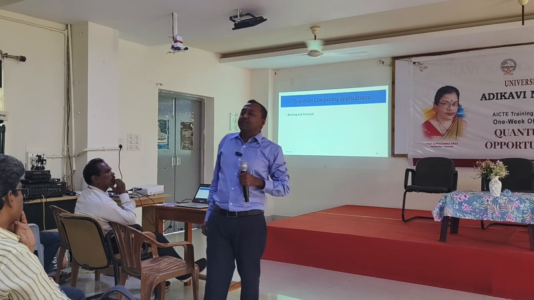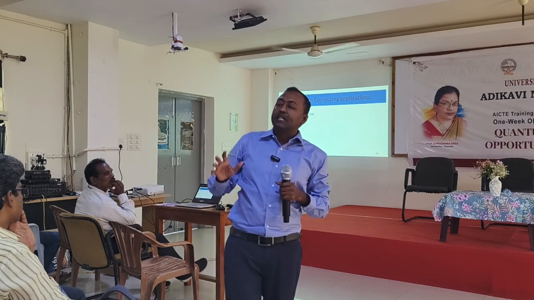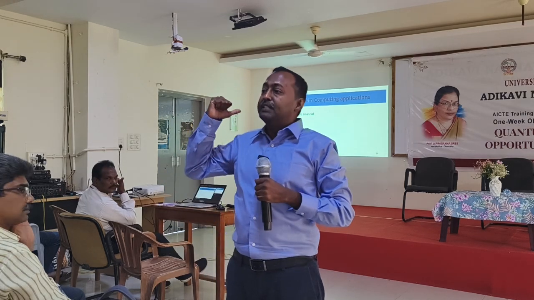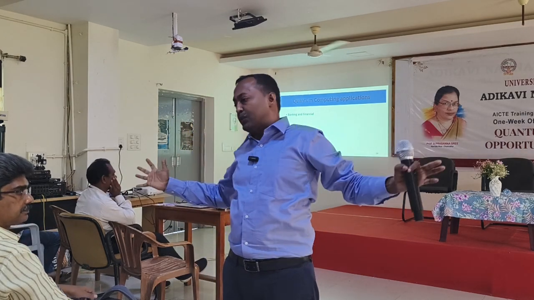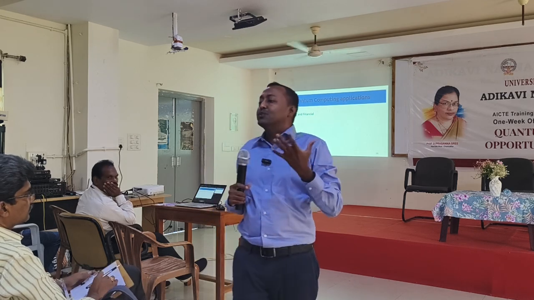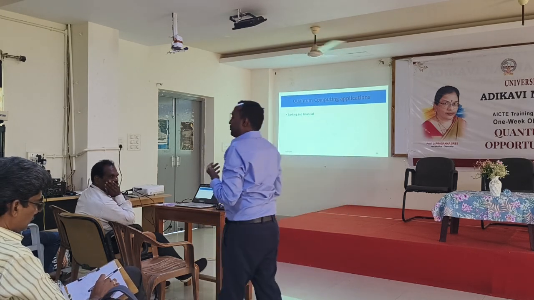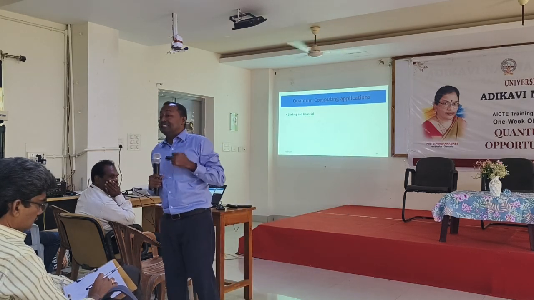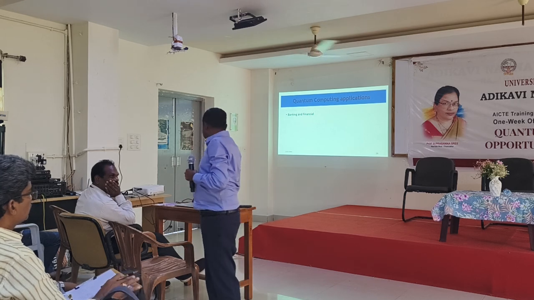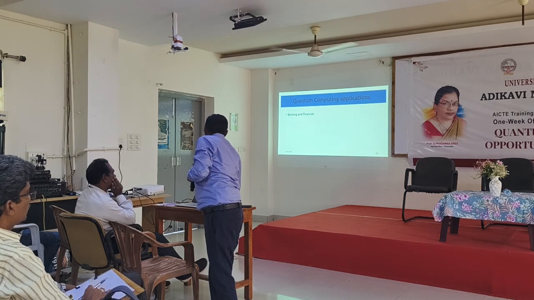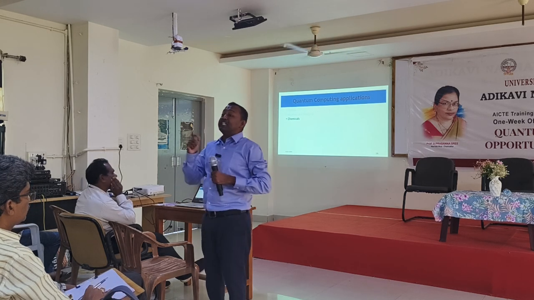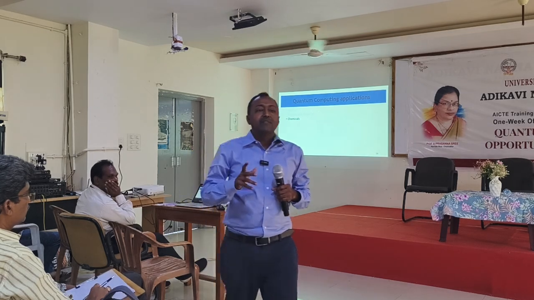JP Morgan, you know IBM, most of the resources of IBM are free. Why? JP Morgan donates a huge amount of money to IBM, so most of the resources are free. Who is behind it? JP Morgan Chase. What does he want?